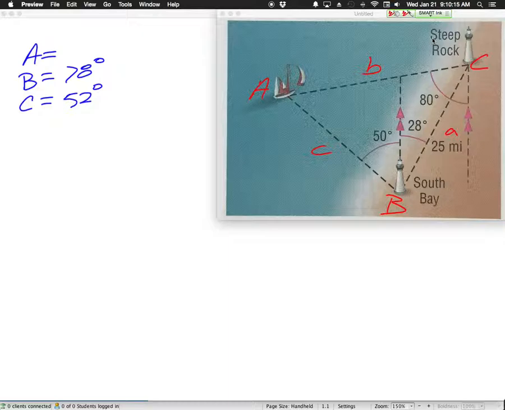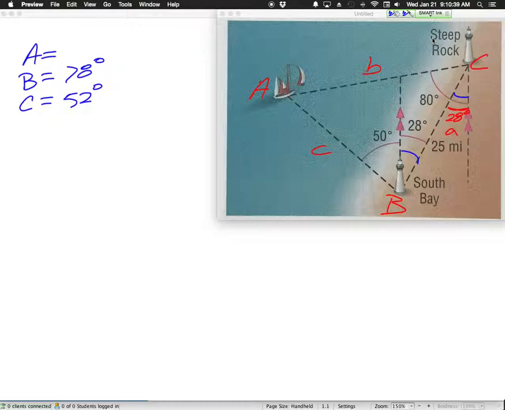Alright, so you're telling me this angle right here is 28 degrees. Kendrick, why is that angle 28 degrees? Because these angles are alternate interior angles, because I've got two parallel lines.